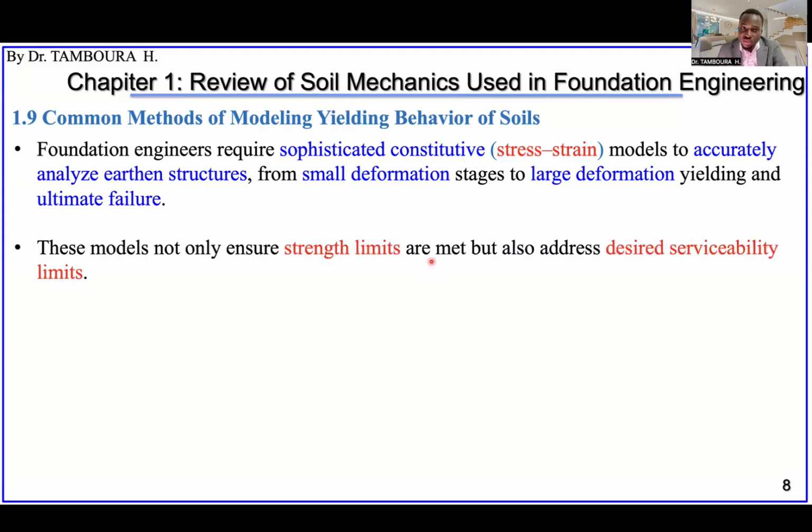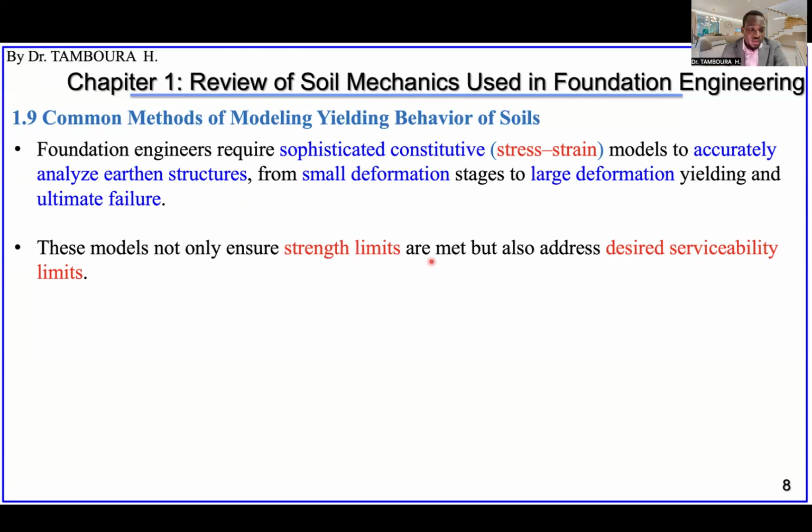This model not only makes sure that the strength limit of the foundation soil is met, which is the first objective, but the serviceability limit also needs to be a target.